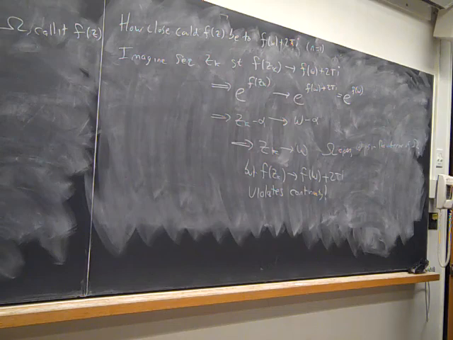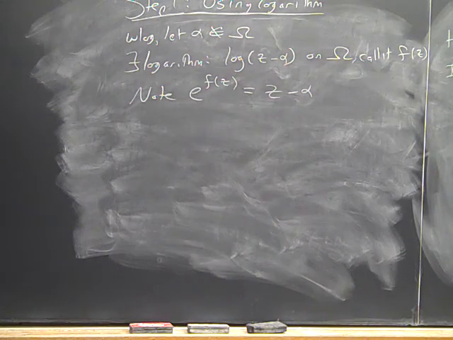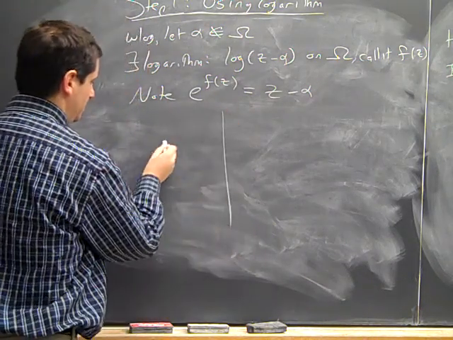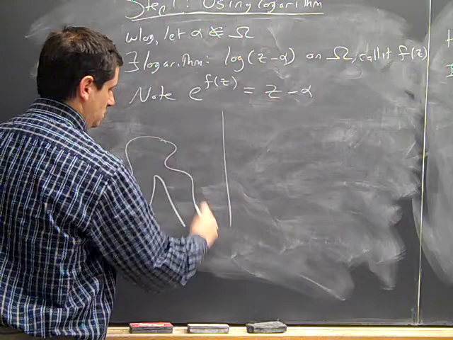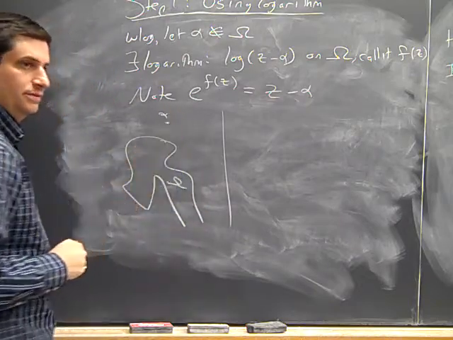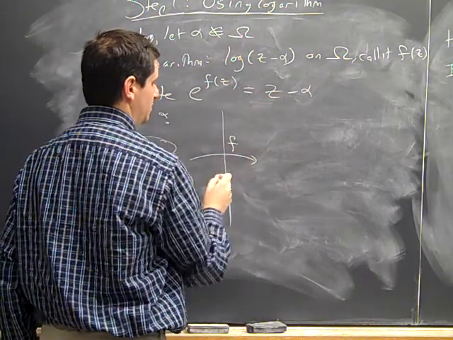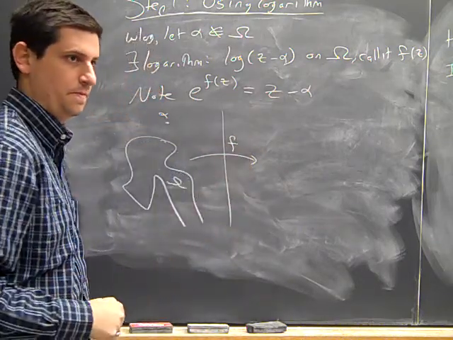So I want to try to keep this stuff on the blackboard. Let's try to write things down. Here's my omega. Here's some alpha. I'm applying some function f. This is my log function.